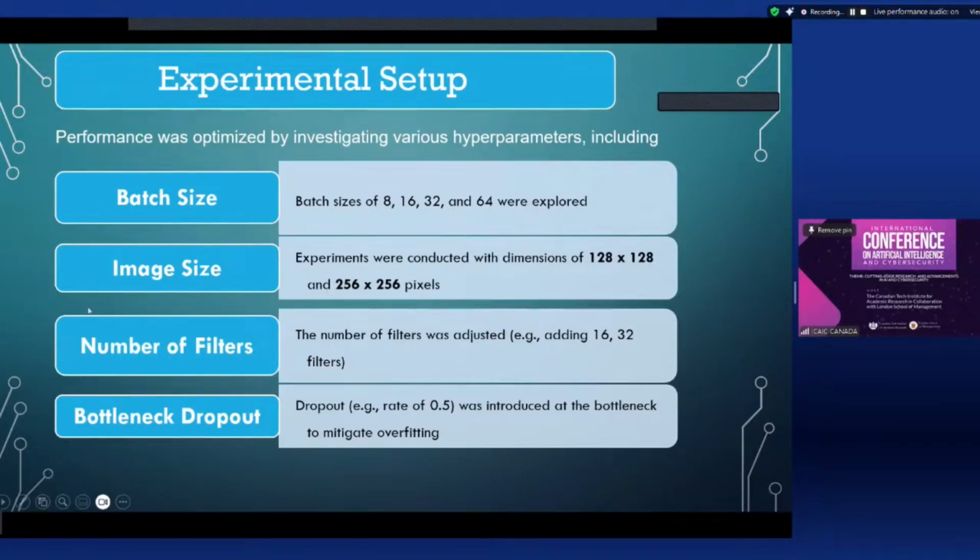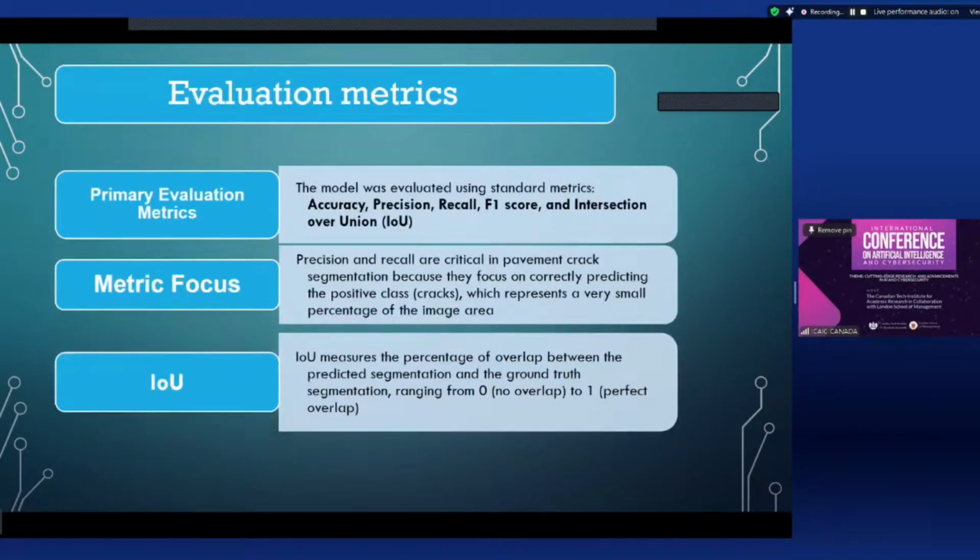We tried different sizes, the number of filters, as well as the introduction of a bottleneck dropout. We will see the effects of various parameters. The evaluation metrics were discussed previously by presenters who discussed machine learning, so I won't go deeper into that again.